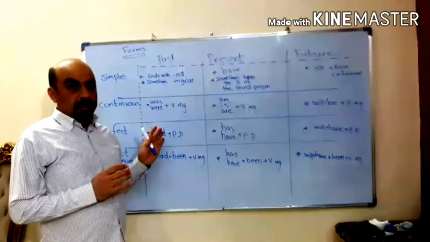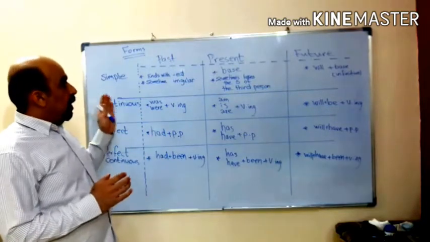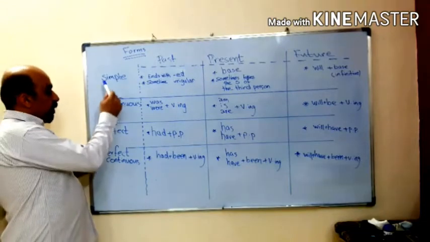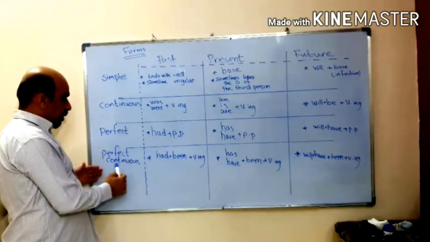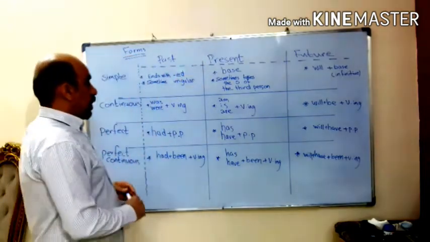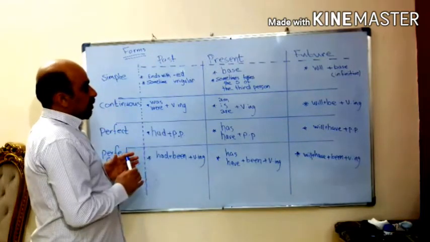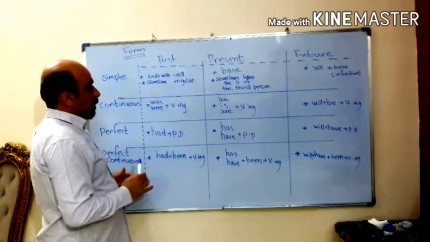Now, in this table, I will explain each one of the 12 tenses of the English language. We have 4 categories: simple, continuous, perfect, and perfect continuous for past, present, and future. I will give you the form of each one.